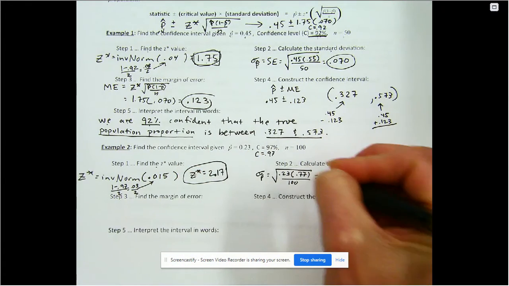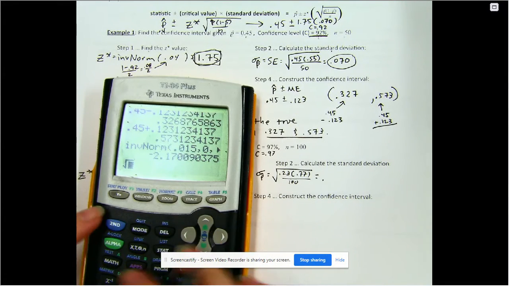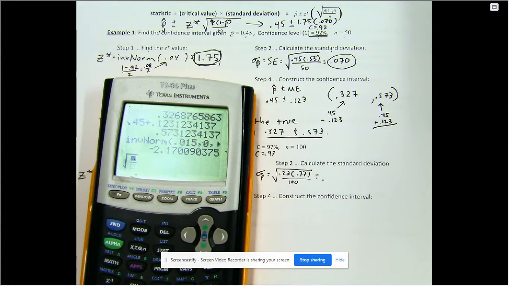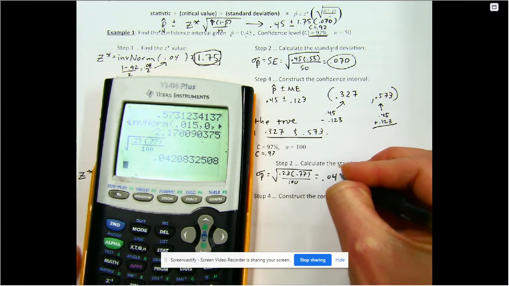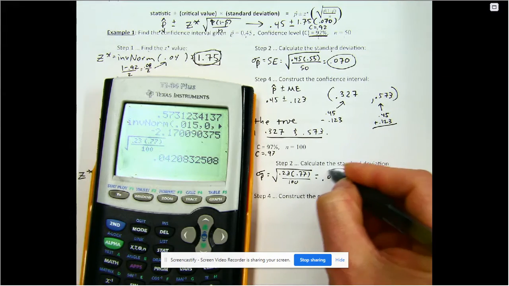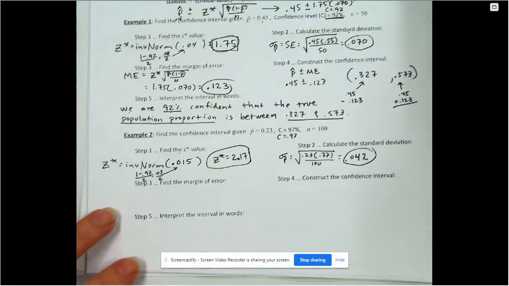So I'm going to calculate that guy. 0.23 times 0.77 divided by 100, and I get 0.042. There's my standard deviation. And then it says find the margin of error.